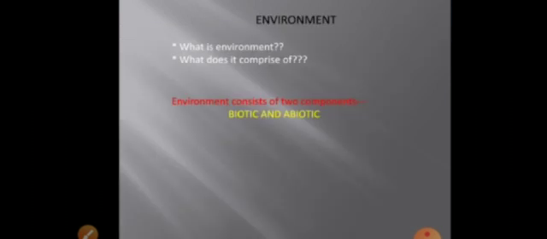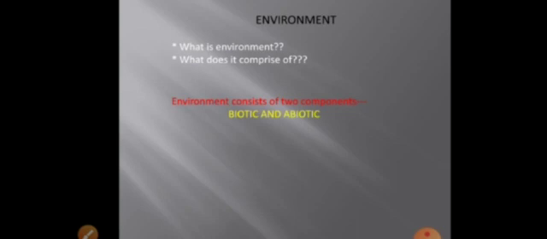Yes, environment. Now, what is environment and what does it comprise of? So, students, everything around us, whether it is living or non living, makes our environment.